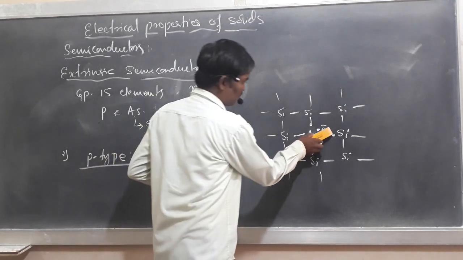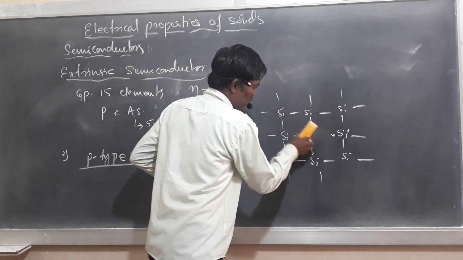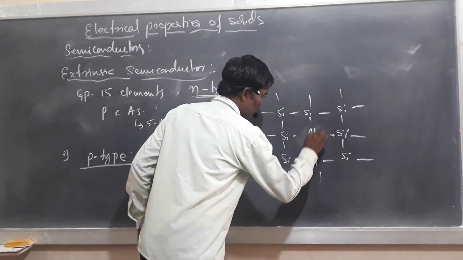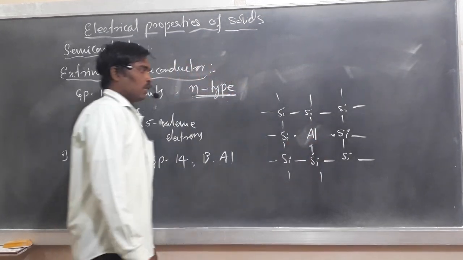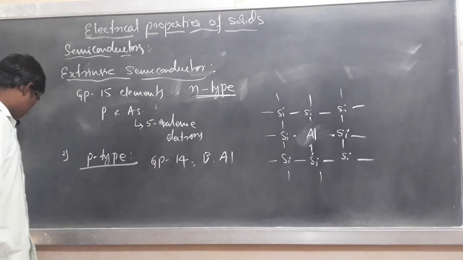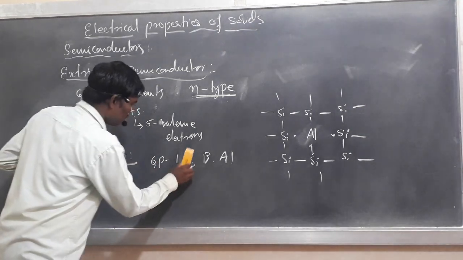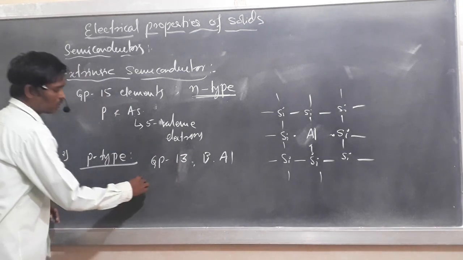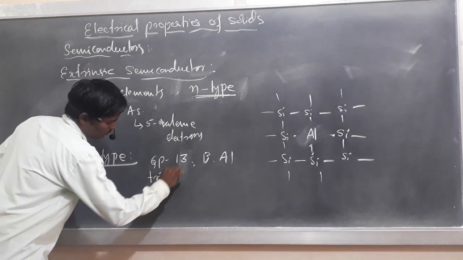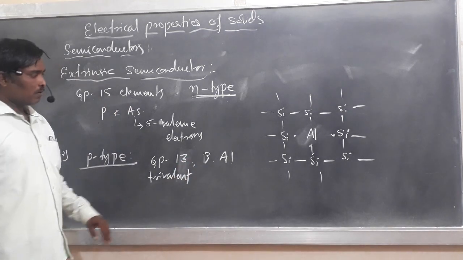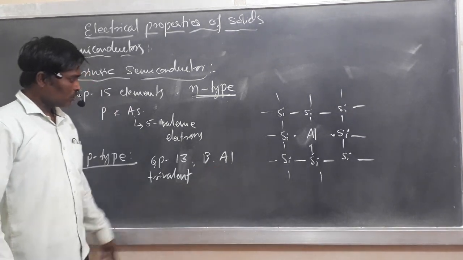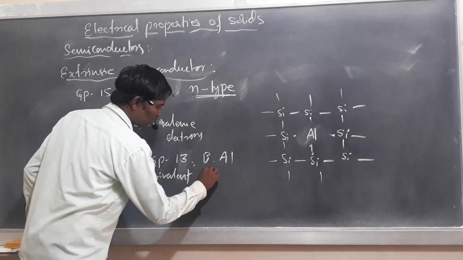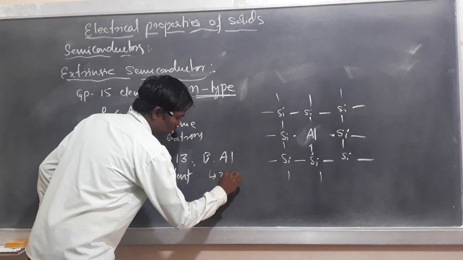Let me place it here: this arsenic, now I am replacing it with aluminum. Sorry, these are group 13 elements, boron and aluminum. These are called trivalent impurities. The total number of valence electrons in aluminum is 3.